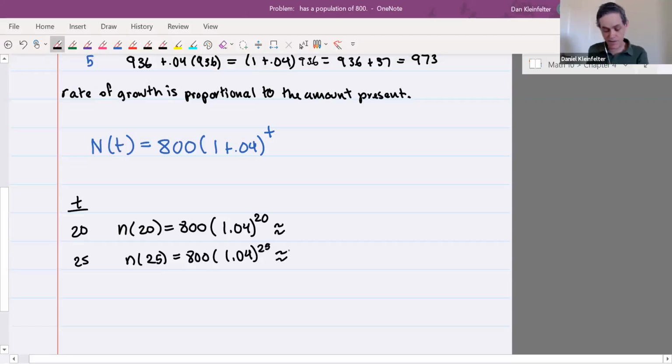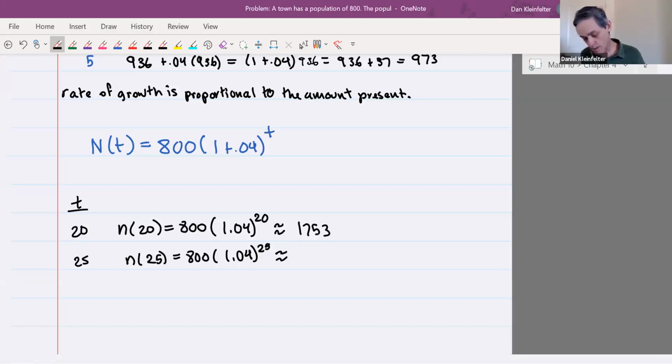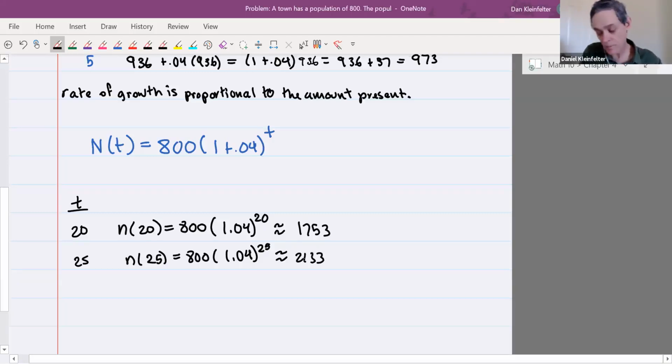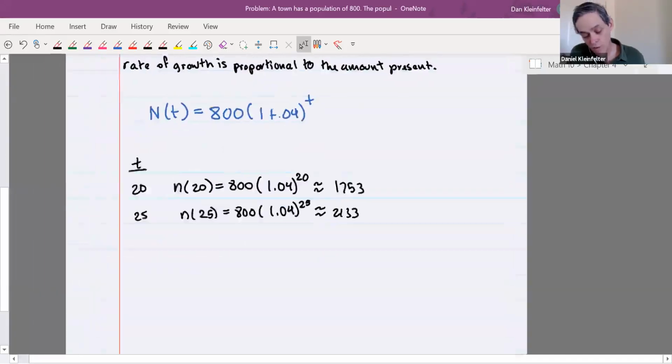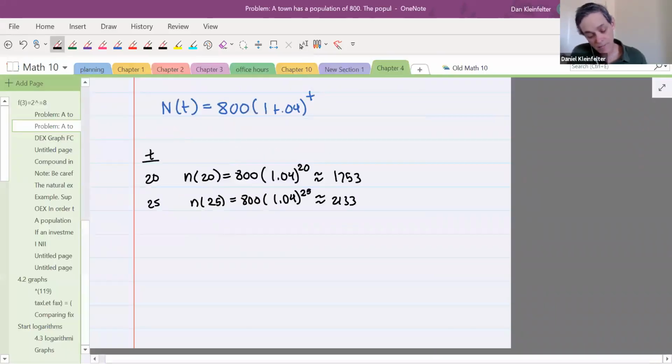Okay, so then we can figure those values out. 1753 about. And then 2133 after that. All right, so this has been an example of an exponential function.